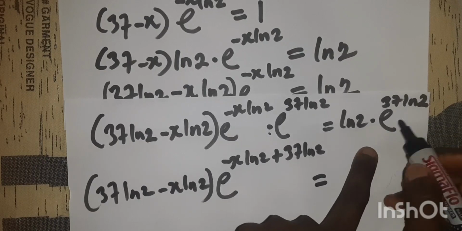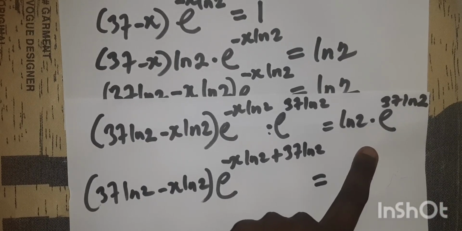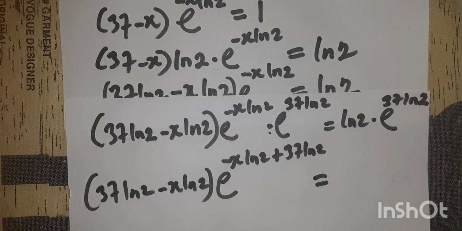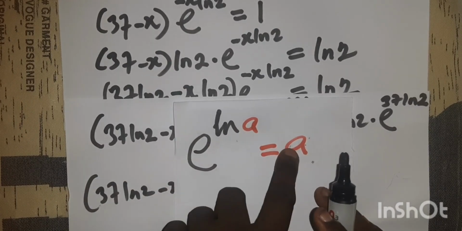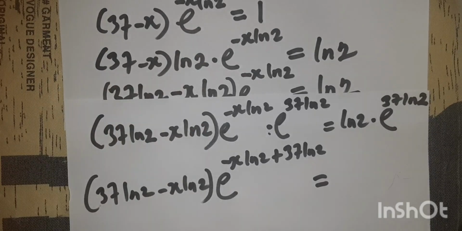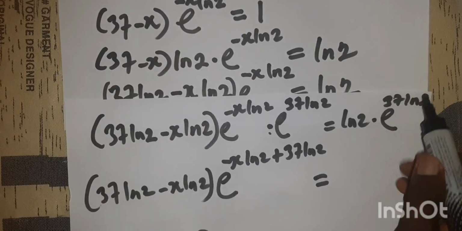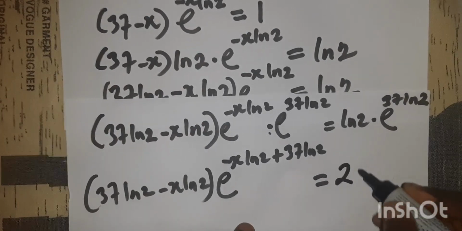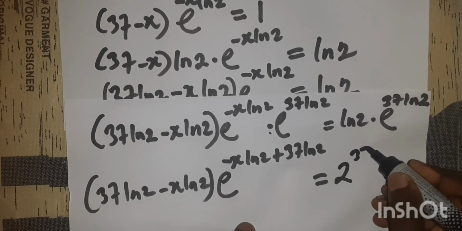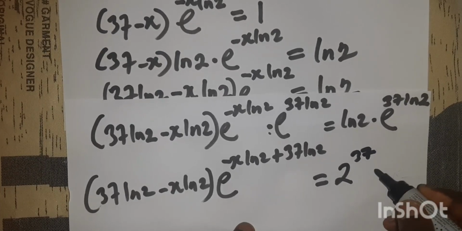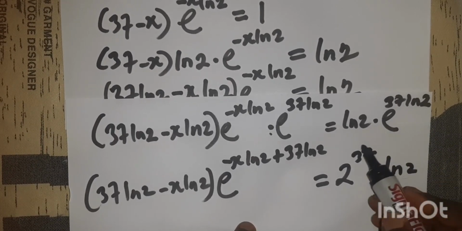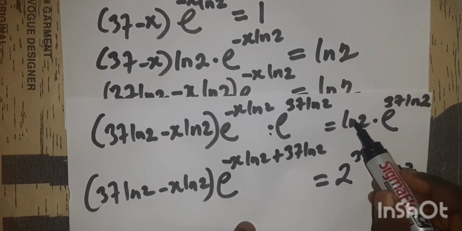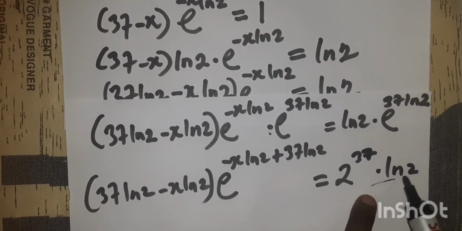If you simplify this from this rule here, remember that e raised to power ln of a gives a, so it means that this just simplifies to just 2 raised to power 37. So I now have 2 raised to power 37 times ln of 2. So this simplifies to 2 raised to power 37 here, and of course I still have my ln of 2. They are still in product form.